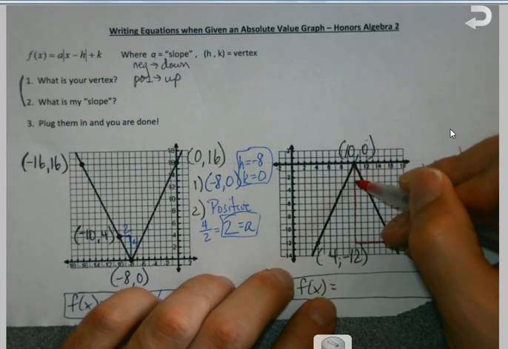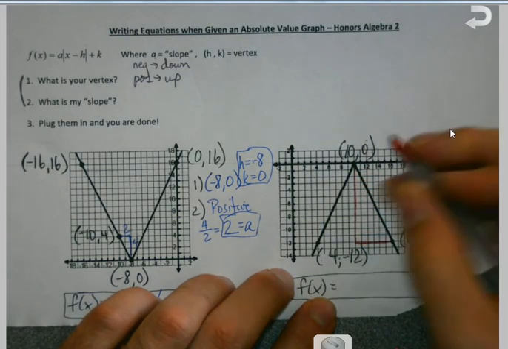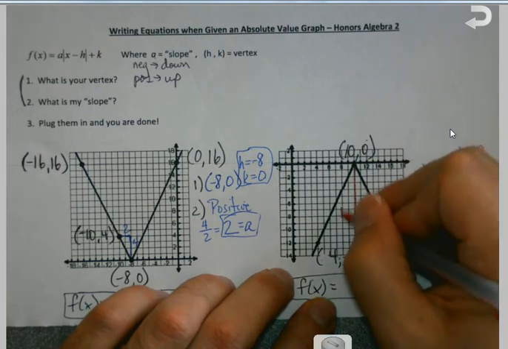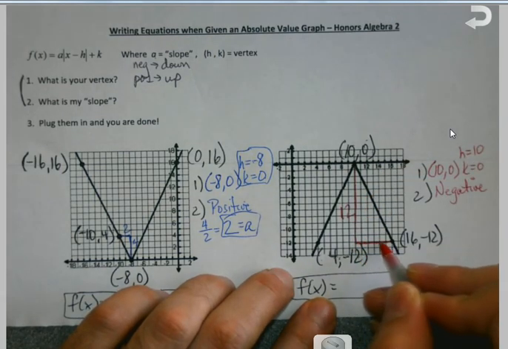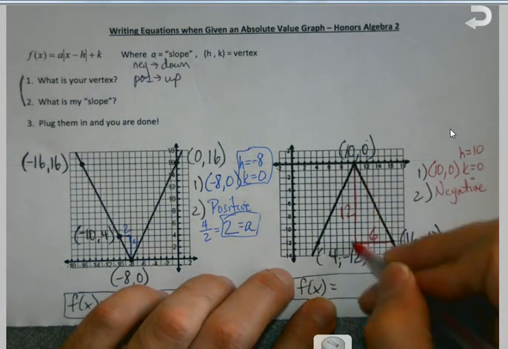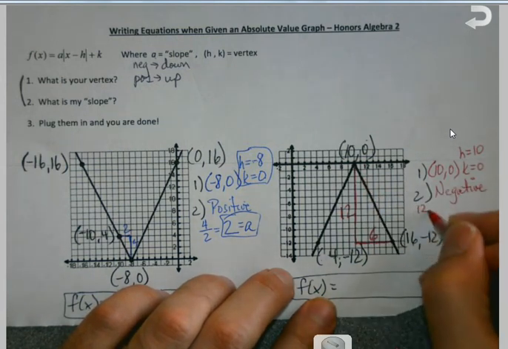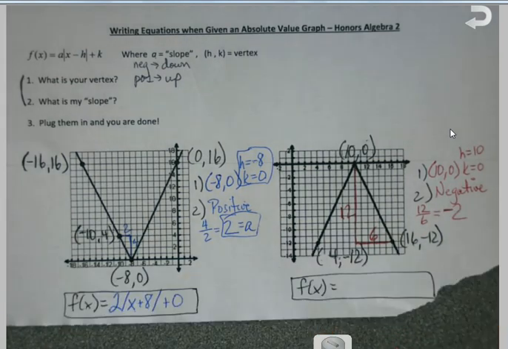1, 2, 3, 4, 5, 6, 7, 8, 9, 10, 11, 12. And then 1, 2, 3, 4, 5, 6. Rise over run, 12 over 6, is 2, but again, it's going to be negative because it's opening downward.